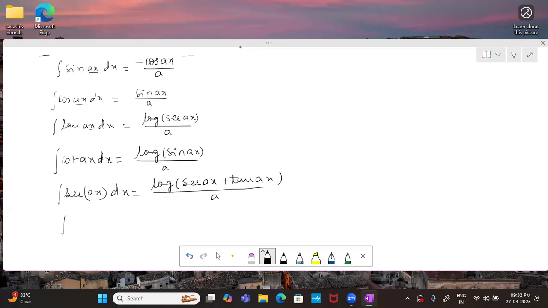And integration of cosec ax dx is log of cosec ax minus cot ax divided by a. So you have to remember these integrals, which are very useful in the method of variation of parameters. So these are all the methods of linear differential equations. From tomorrow, we will start solving examples on this unit.